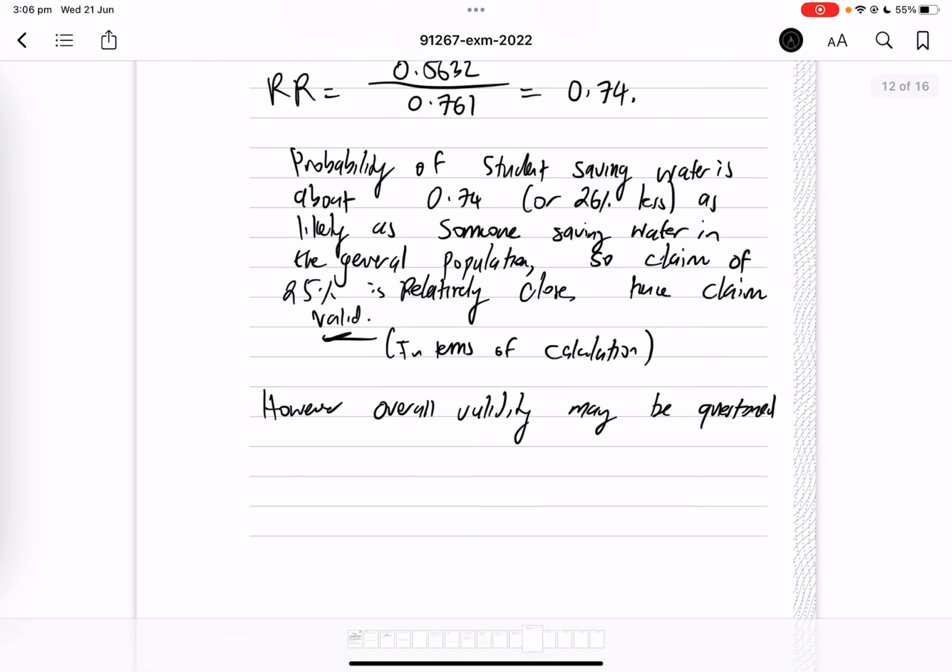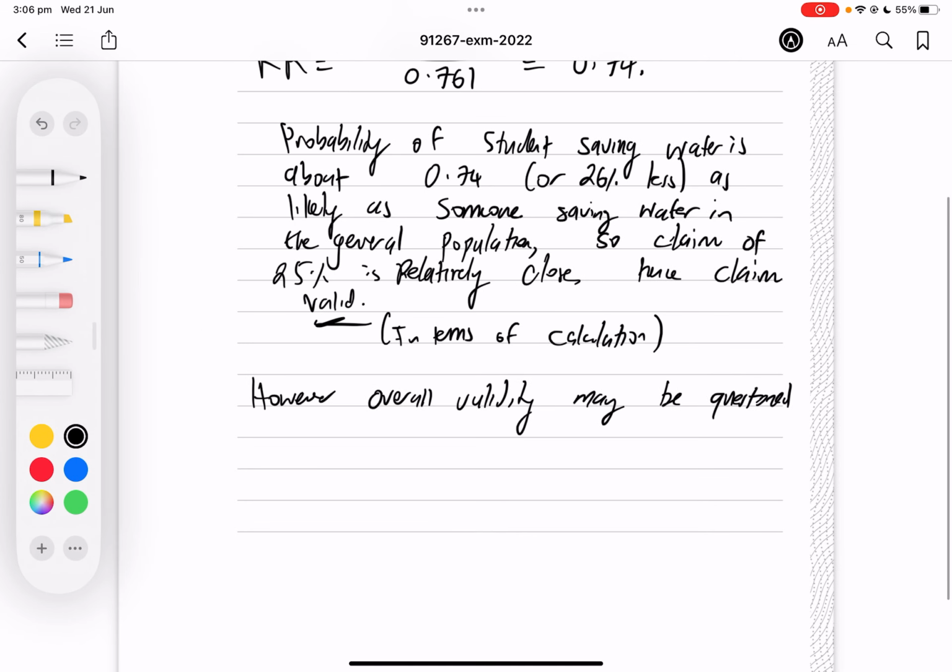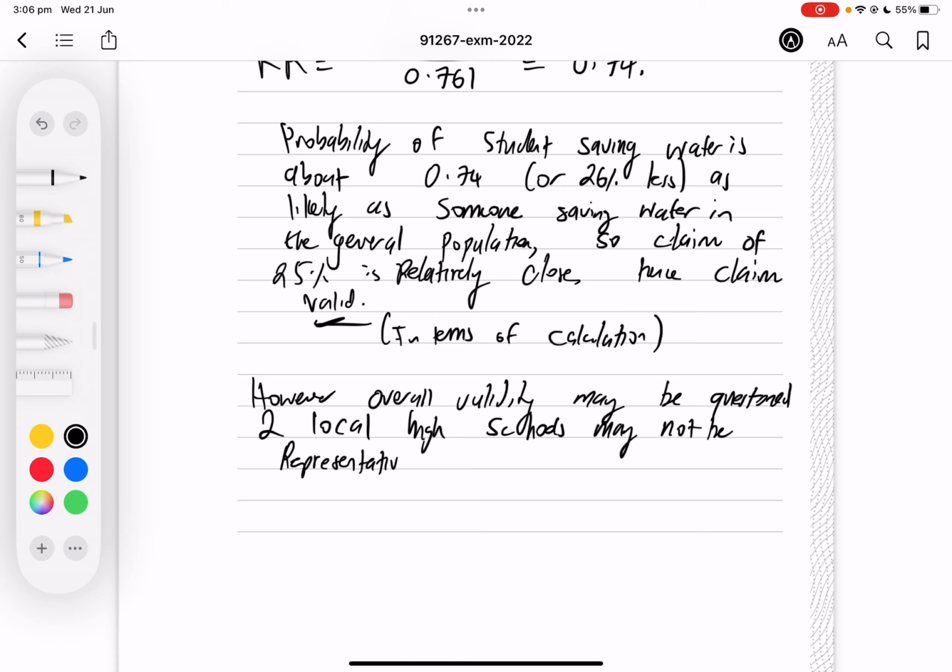So 3 points. 2 local high schools may not be representative of all students in New Zealand.